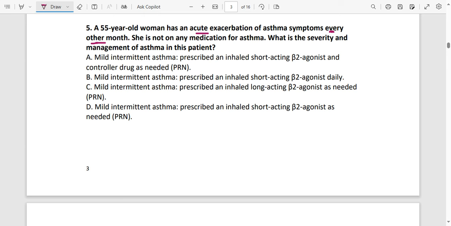A. Mild intermittent asthma, prescribed an inhaled short-acting beta-2 agonist and controller drug as needed. B. Mild intermittent asthma, prescribed an inhaled short-acting beta-2 agonist daily. C. Mild intermittent asthma, prescribed an inhaled long-acting beta-2 agonist as needed. D. Mild intermittent asthma, prescribed an inhaled short-acting beta-2 agonist as needed.